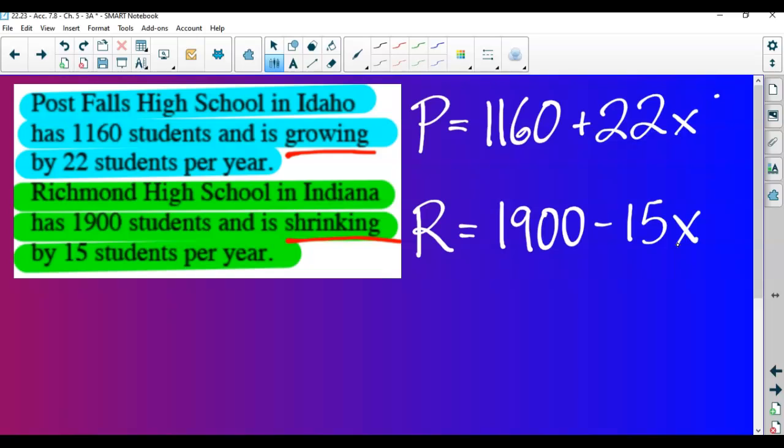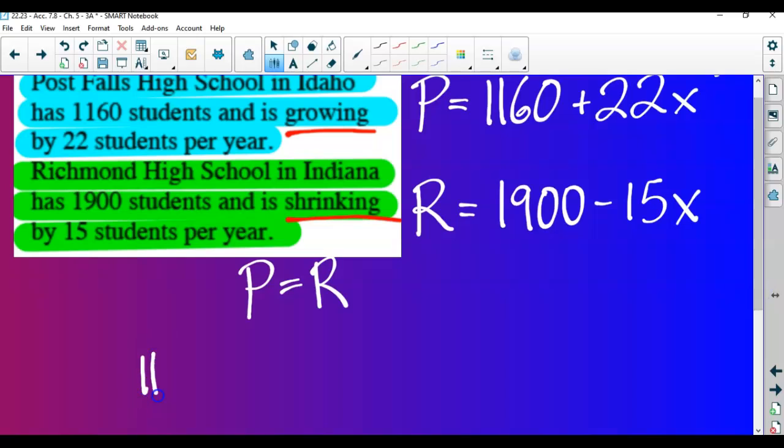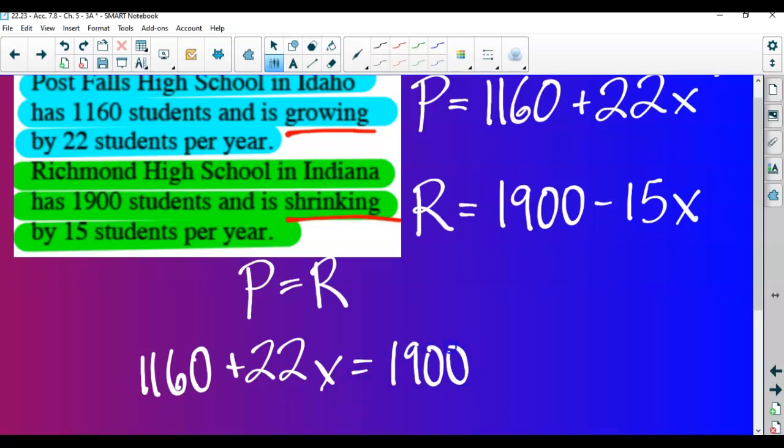Did you recognize that Richmond is shrinking? Yes. And that means subtraction. If we set P equal to R, also two variables that look dangerously similar, we would have 1160 plus 22x equals 1900 minus 15x.